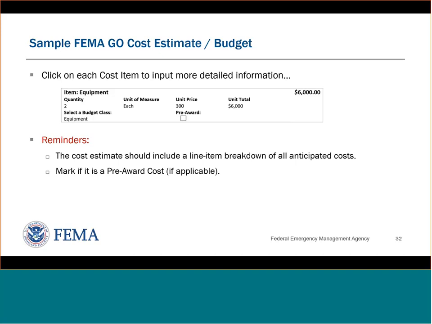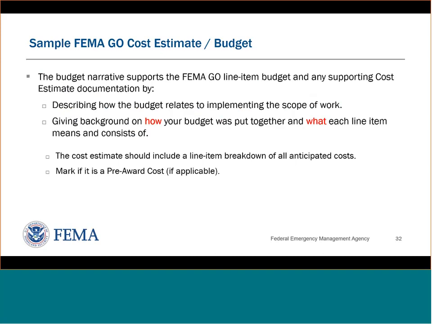This must be 20 for a quantity, and $300 for the unit price to get $6,000. And then you select the budget class, equipment, and you can check the box to indicate that this is one of the items I would like to include in my pre-award costs. Next, please.